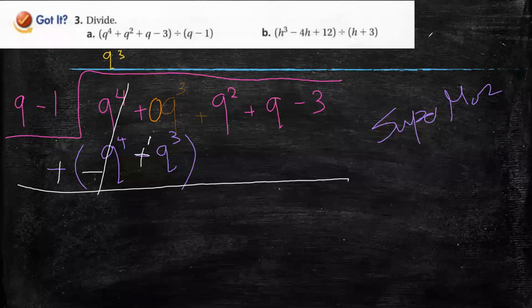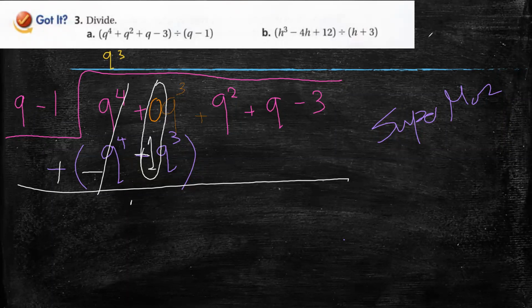And 0 plus 1, 1 q cubic. That's why here, as I told you, I need a q cubic. As you see here, I need it, but it didn't make any change with the question. So I have here 1 q cubic.